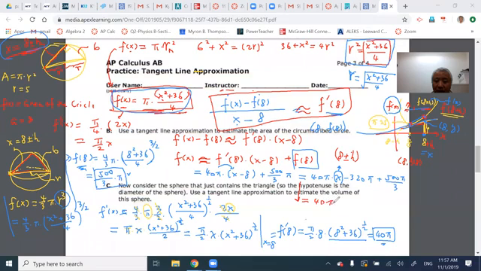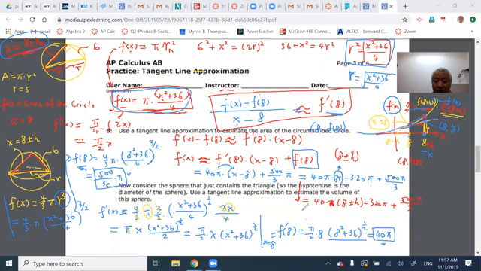Equals 40 pi, right? 40 pi, and then times 8 plus or minus h, right? And then minus 320 pi, and still plus 500 pi over 3.